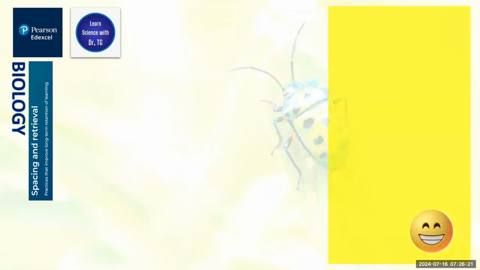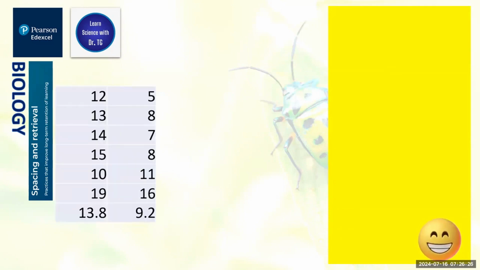Right, now let's take this example. I have a data set. This data represents two groups. Let's say the first group is the control group, and the second one is the experiment group. So this is the control group, and I have values 12, 13, 14, 15, 10 and 19. And the mean value is, you add all these values and divide by 6, you get 13.8.